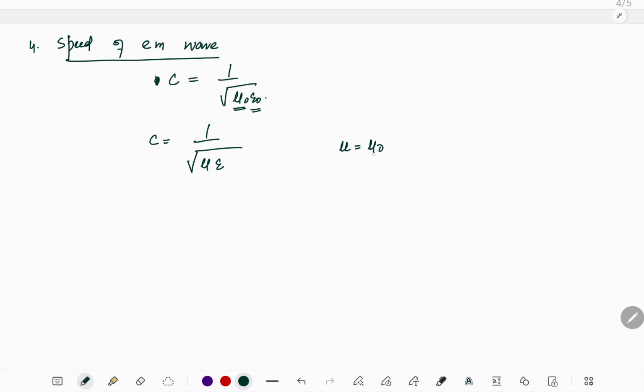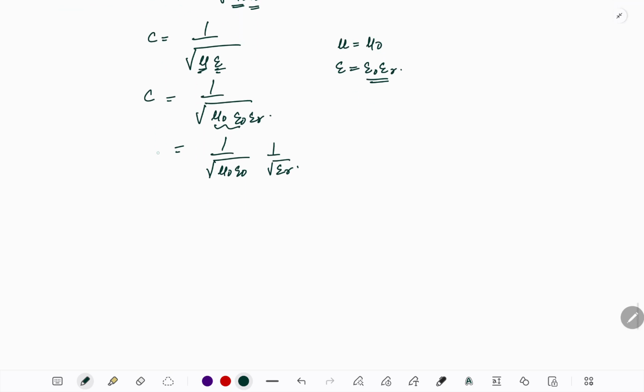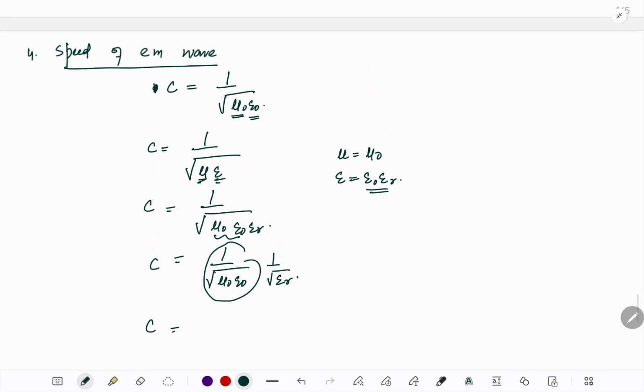Mu is mu 0, and epsilon is epsilon 0 epsilon r. So c equals 1 over root of, in place of mu we can use mu 0, and in place of epsilon we can use epsilon 0 epsilon r. This can be 1 over root of mu 0 epsilon 0, times 1 over root of epsilon r. There is no problem. So this is the speed of light in free space.